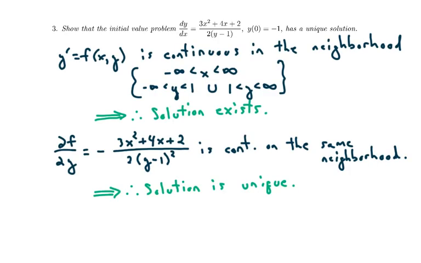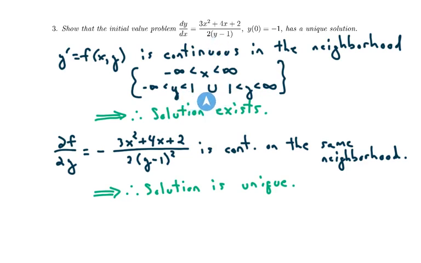So let's take a look at it. Looking at the y prime that was given, I could see that x's are only in the numerator, and so for any x, that is not going to cause any discontinuities or issues, but y is in the denominator, and I could see that when y is 1, we're going to have a problem.